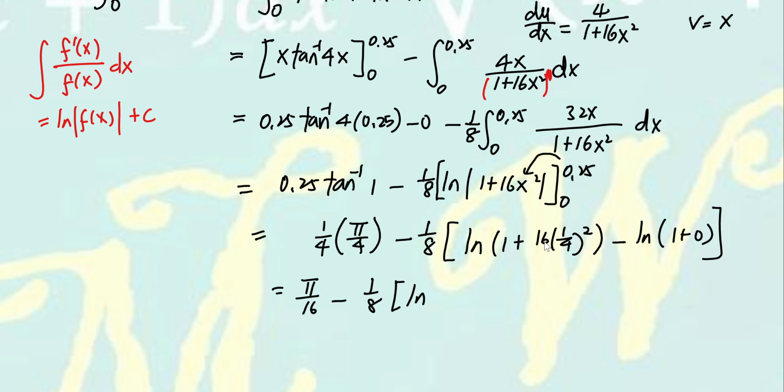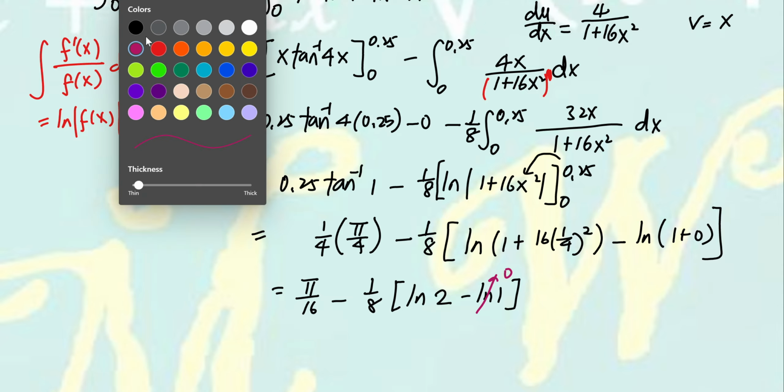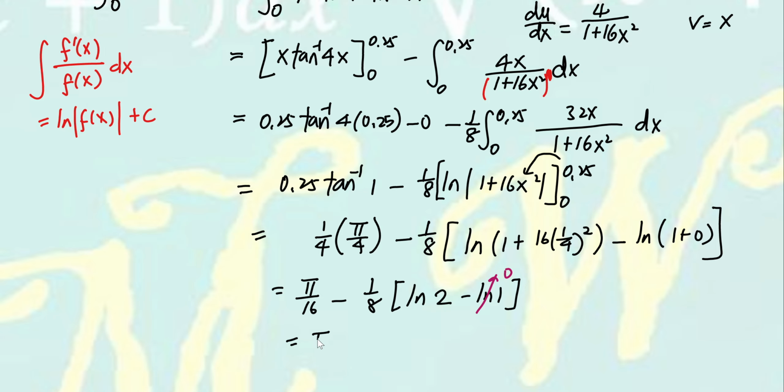So 1 over 16 times 16 is 1. So therefore ln 2 minus ln 1. The ln 1 is basically 0. And the question is asking for the exact value, therefore just leave it in pi and ln form. So done for this integration.